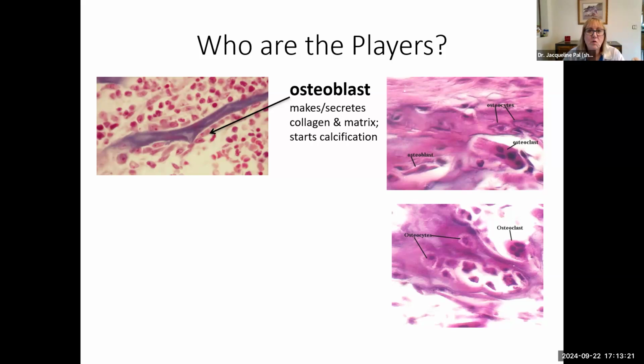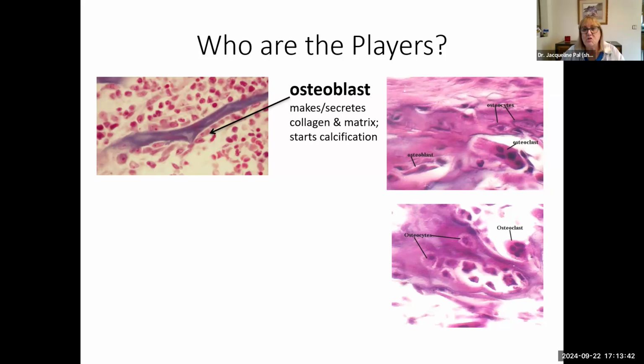They also will be secreting the chemicals, calcium, which will start the calcification process. And realize that once they start secreting calcium into that osteoid, into that bony matrix, then they get trapped.